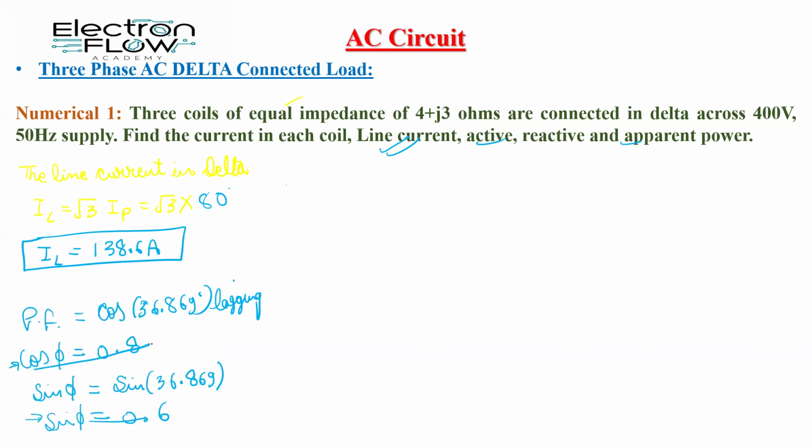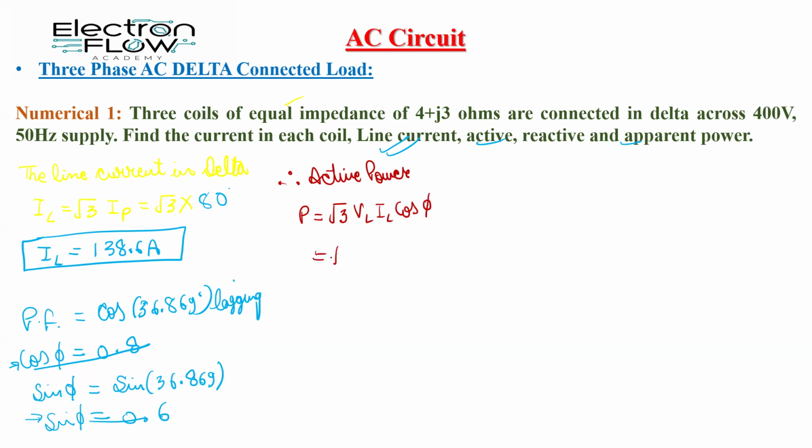Next, firstly we will calculate the active power. The formula for the active power is P equal to root 3 VL IL cos phi.